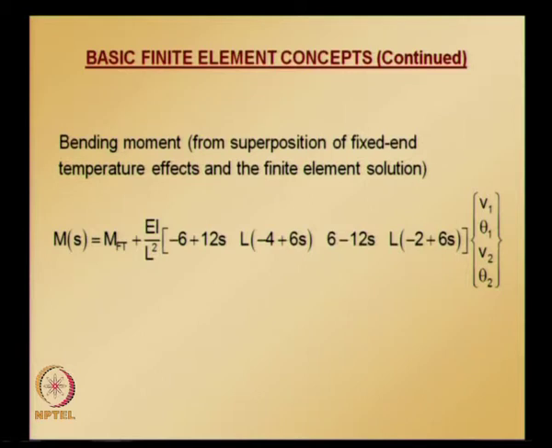Substituting all these quantities, we get this expression, and by varying S from 0 to 1, we can sweep over the entire span of the beam and get an idea of how the bending moment varies over the span of the beam.